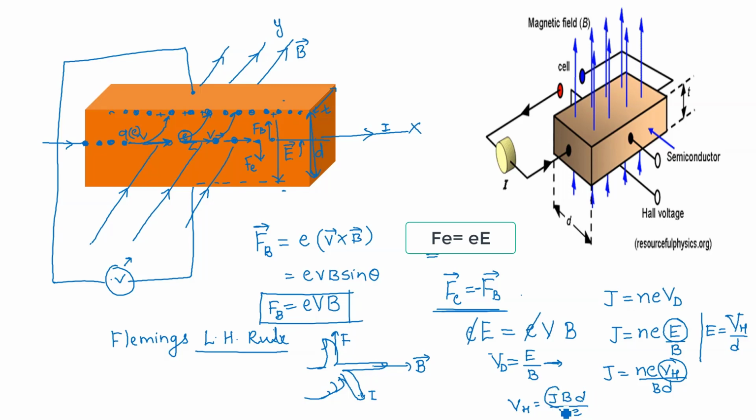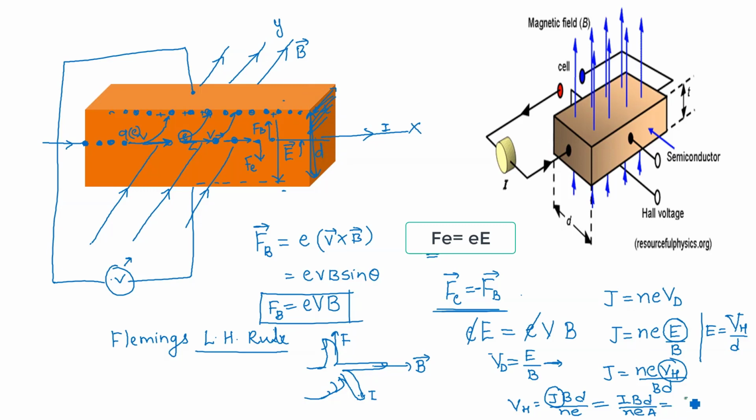Generally we know the current passing through the sample, so the current density is I upon A. If I put that value here, I can write it as I B d upon n e A. Now A is this area, and for the area I can write d into t.